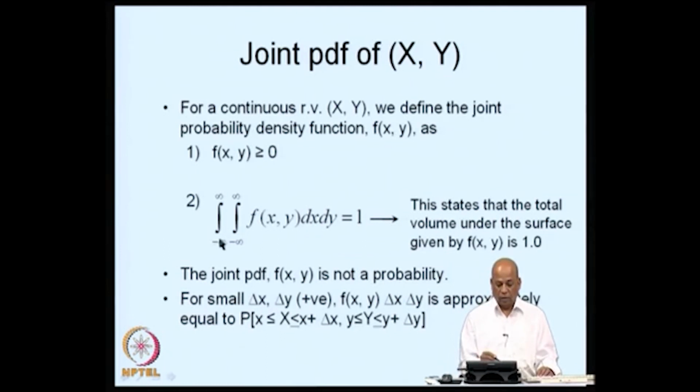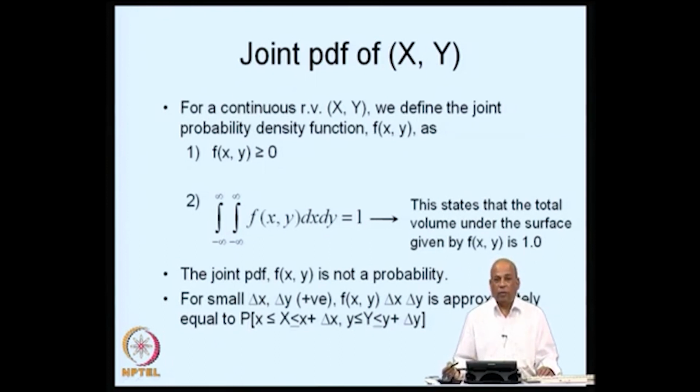So, this implies that the integral from minus infinity to plus infinity, and minus infinity to plus infinity, of the joint PDF f of x comma y with respect to x and y must be equal to 1. So, the total volume under the surface given by f of x comma y is 1.